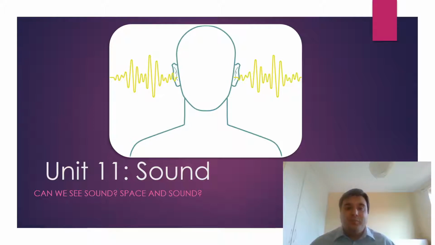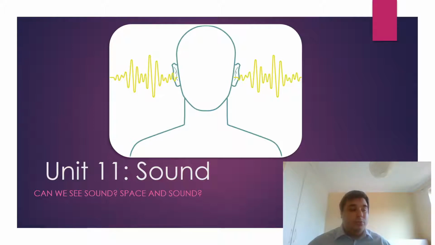Okay. So let's check a little bit what we learned in the previous lesson about sound. Well, we learned that sound can be natural or artificial. We also learned that sound can be loud and soft, and that some loud sounds can be dangerous for our hearing. Also, we learned that sound is useful in many ways.